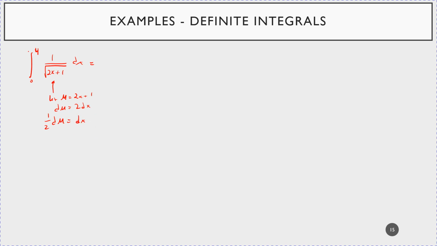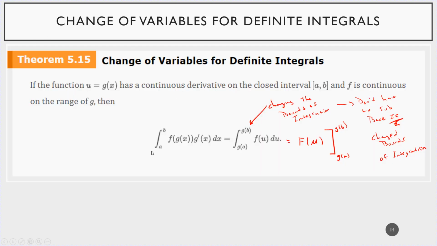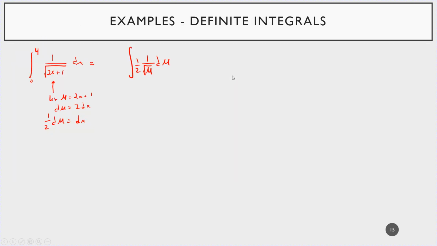I'm not going to change the bounds of integration just yet. Okay, so watch. This becomes 1 over the square root of u, and then dx gets replaced by 1/2 du. Now the bounds of integration, look what's going on here. Our theorem says u is equal to g of x, so I'm going to evaluate u by plugging in a for x and then b for x.